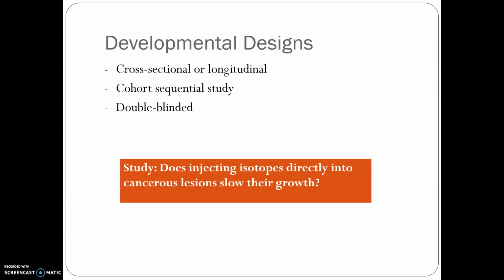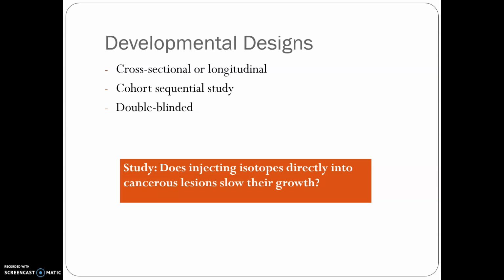The next one, cohort sequential study. This is looking at several groups over a period of time. So the same idea of the people born in 2002. Then we might also take a look at people born in 2004, 2006, 2008, 2010, and check in with them over a period of time, right?